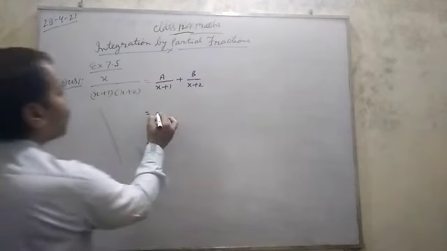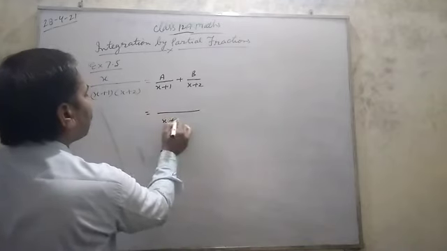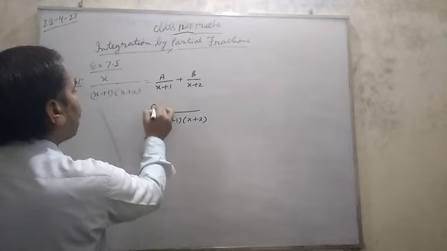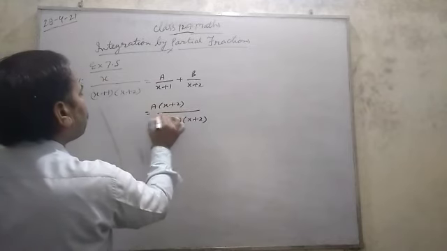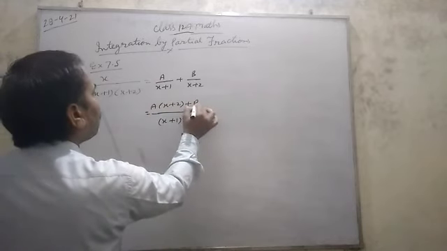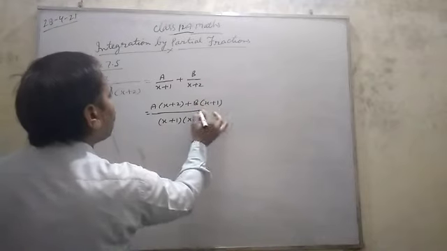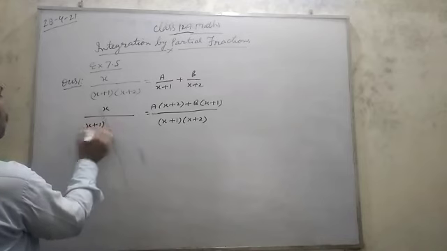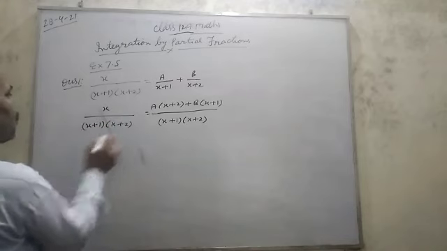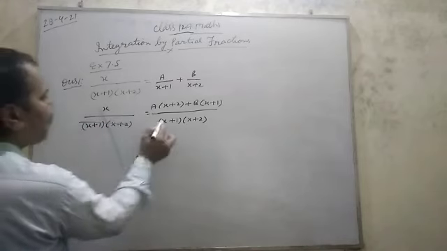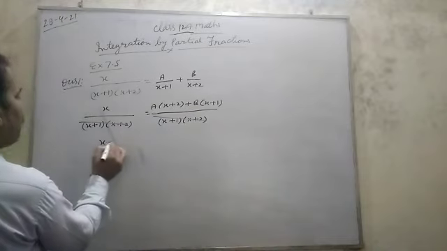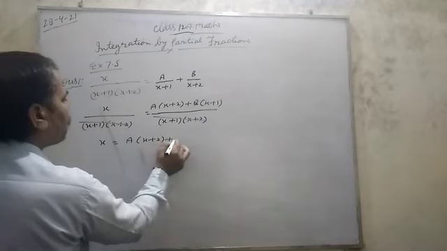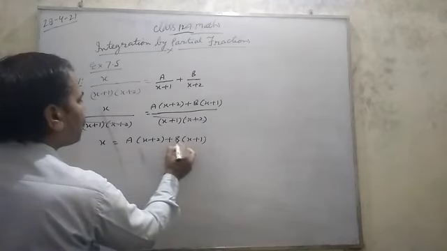Take LCM, so (x + 1)(x + 2) divided by this: A(x + 2) + B(x + 1), and here x upon. The denominators cancel on both sides, so x = A(x + 2) + B(x + 1).